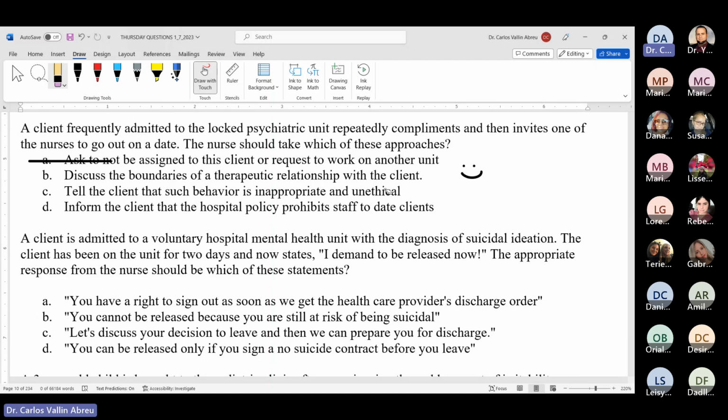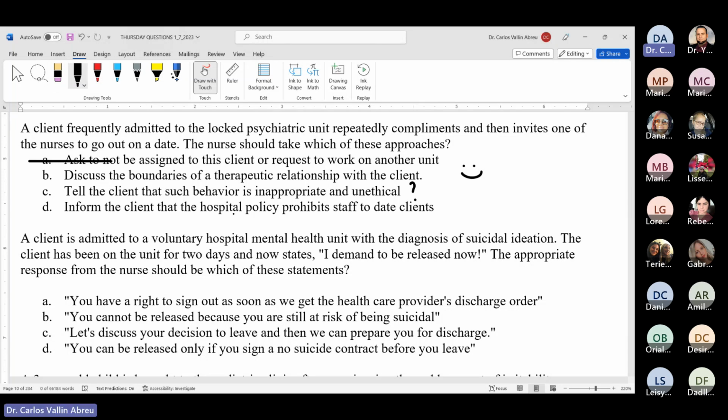So when you say that to the client, they are going to feel like they're committing a crime. This is inappropriate and unethical. So it's going to feel contrary. What I did was just ask her to go out when I get out of the hospital. So it is very, very stern, very harsh.